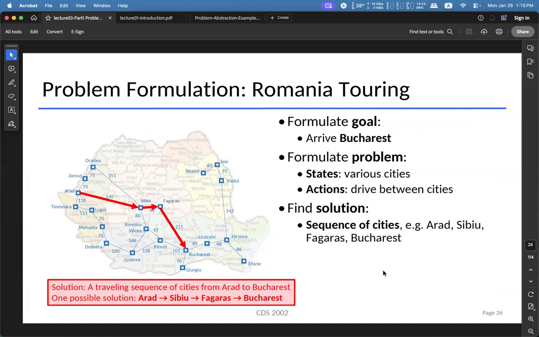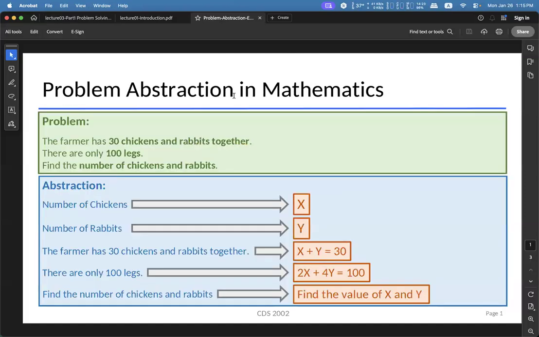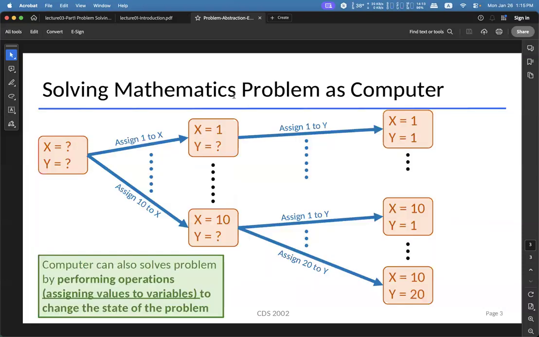But in some situations, for example, in the mathematics question we just talked about, what we are making the computer do to solve this problem is to assign values to x and y and generate a list of solutions for testing. This is still in fact a single state problem, right? But the issue is how we know that the solution we generate is the goal state.